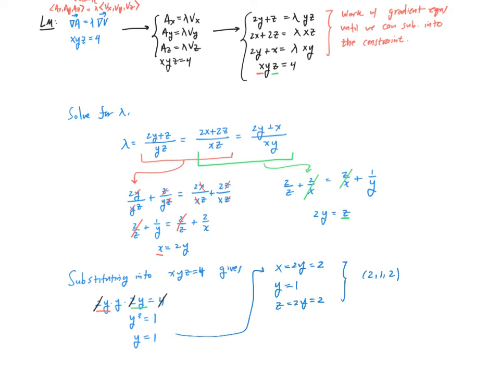Now, the question becomes, is that going to be an absolute maximum or an absolute minimum? So in order to tell, we need to do a little more investigation. We need to know what is the value of a at this input of (2, 1, 2). And if we substitute that into a, we end up with 12.